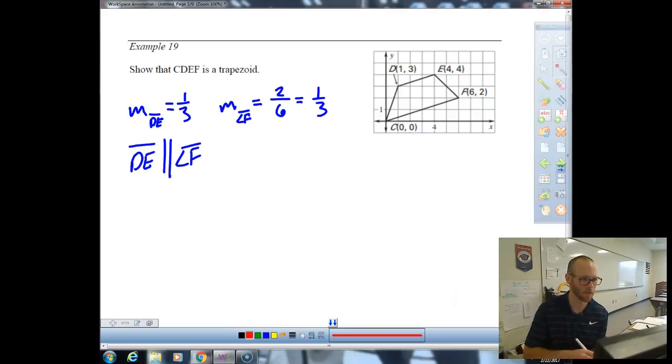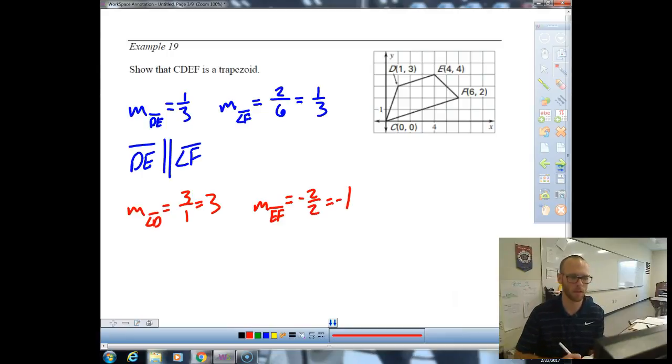Okay. So let's take a look at those slopes. Slope of CD, rise over run, that's up 3 over 1. That's 3. Slope of EF. Down 2 over 2, that's negative 2 over 2. Slope of negative 1. Are those slopes the same?